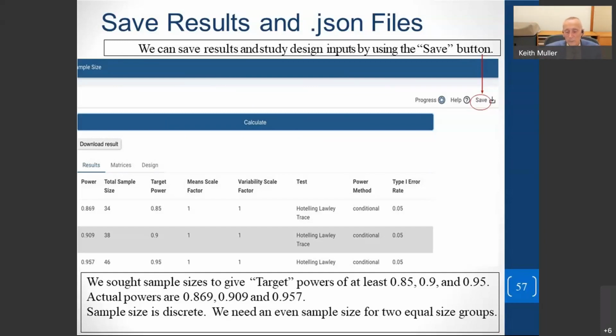We figure you're going to keep people whole. And because you ask for a balanced design, in 2 groups, this has to be an even number. So the program thinks that through and tells you the closest design to giving you exactly 0.85 power actually gives you 0.869 power, or 38 for 0.9 and 46 for 0.957.